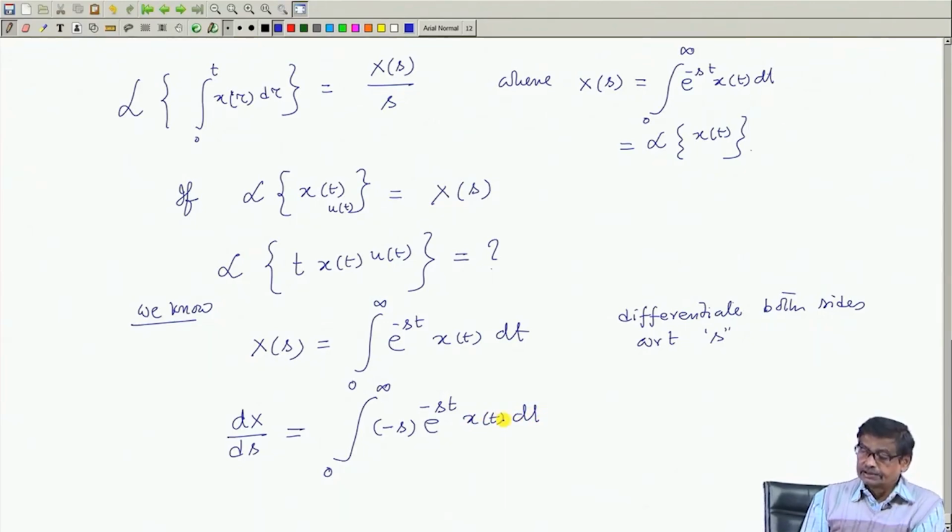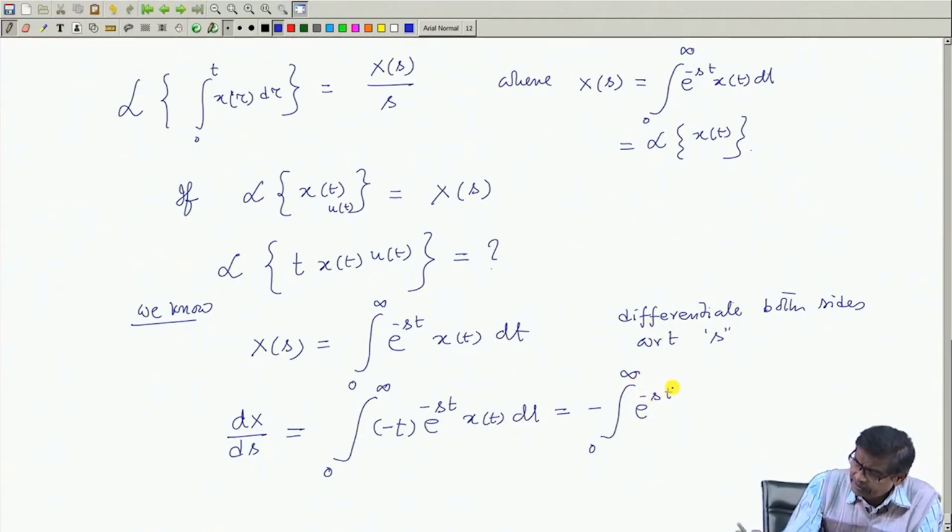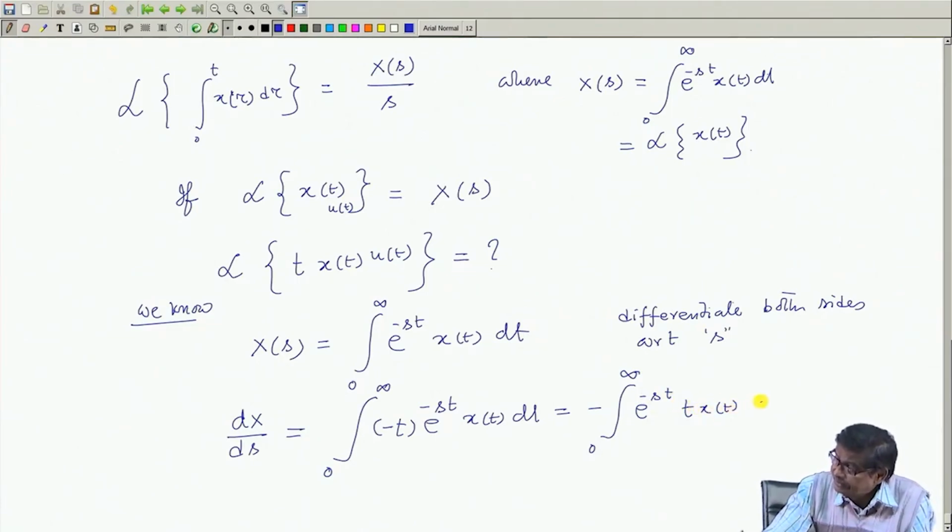So, if I differentiate with respect to s, t should be treated as constant, giving minus t. So, this will be equal to minus the integral, the integration sign can be taken outside, of e to the power minus s t into t into x(t) into dt.